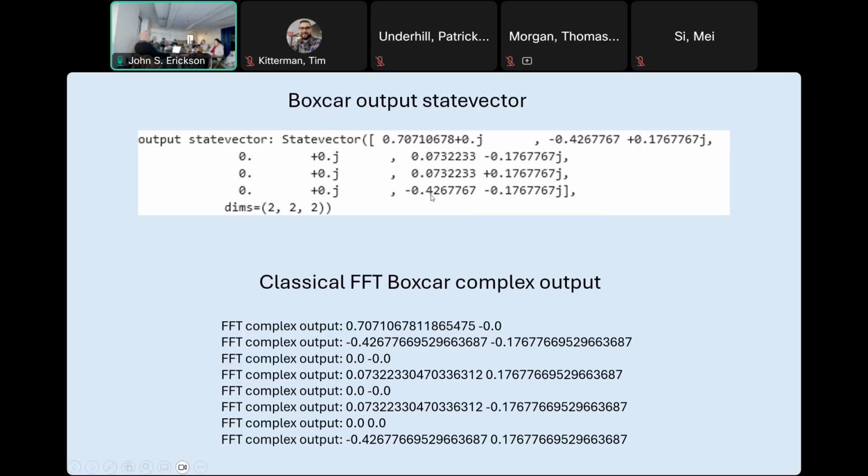Would you really expect that on a noisy quantum computer? No. Oh, I see your point. That's what's bothering me right now. When I ran this the other day and saw this, I said, well, this is too good to be true, especially if you've done 100 shots and averaged them together, and you're within a precision of 5 places to the right of the decimal. So you're saying it should be messier.